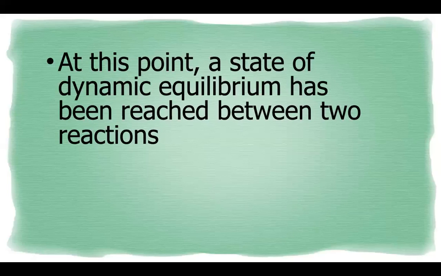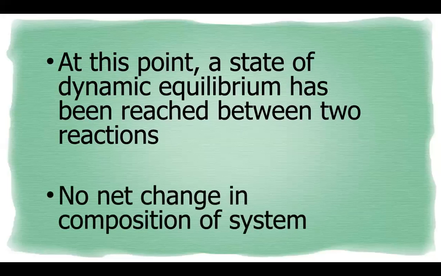At this point, a state of dynamic equilibrium has been reached between the two reactions. So there is no net change in the composition of the system. As long as it's in a closed system, that's number one. Because in an open system, if you have either gaseous reactants or gaseous products, they will be allowed to escape. So you have to make sure the system is closed and that all of the conditions stay the same.